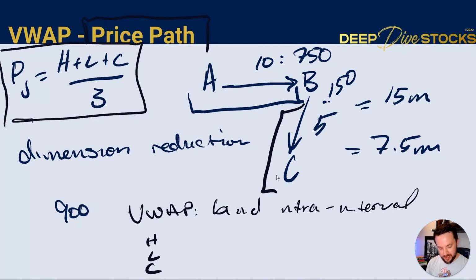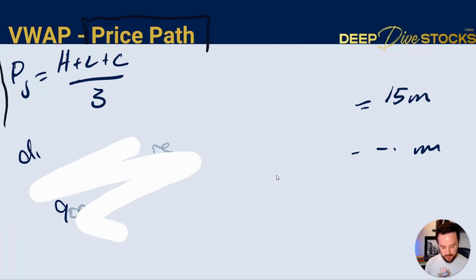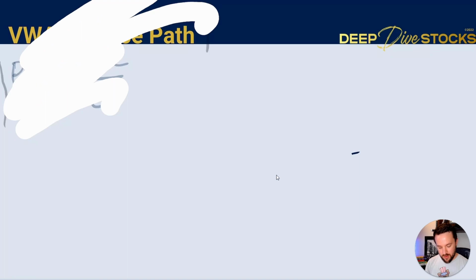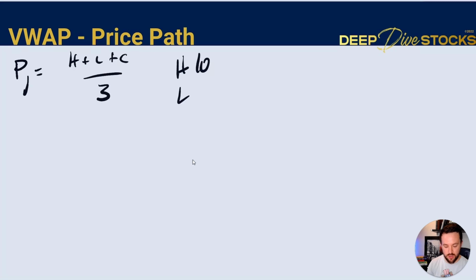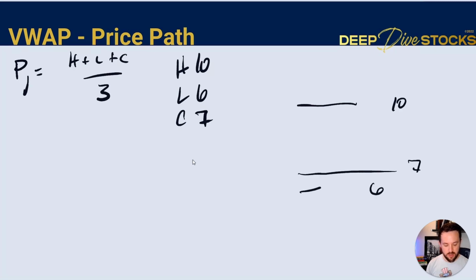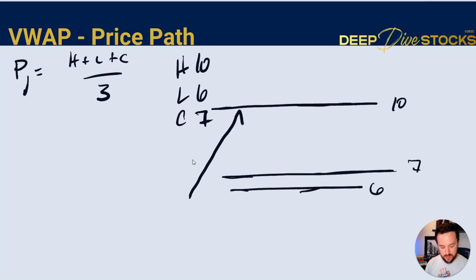So even so, if we take an extreme example, let's write this real quick. The price is equal to the high plus the low plus the close over 3. Remember we said 10 was high, low was 6, and close was 7. So let's just draw a graph: 10, 6, 7. Now it would be really cool if the stock went like this, right?